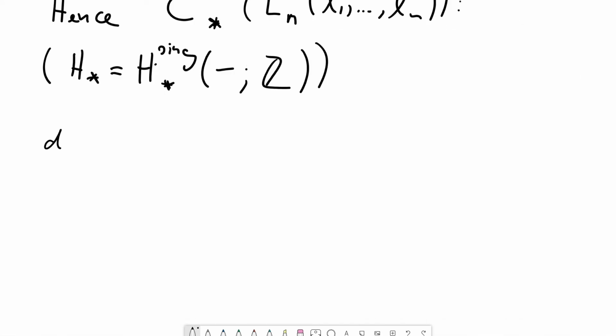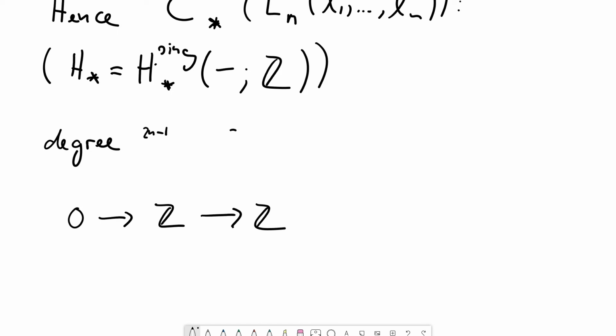So how does it look? Let's put the degree up here. Well, we have no cell in dimension 2n. We have one cell in dimension 2n minus 1, so there's one Z summand here. Then one cell in dimension 2n minus 2, and so on and so forth.